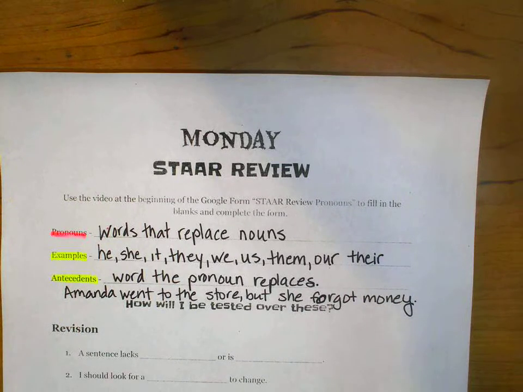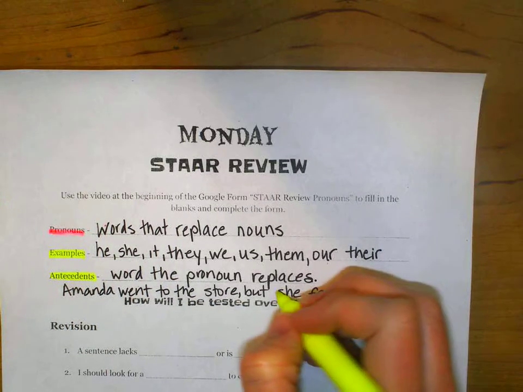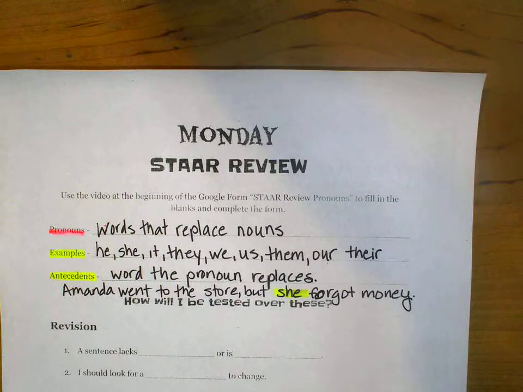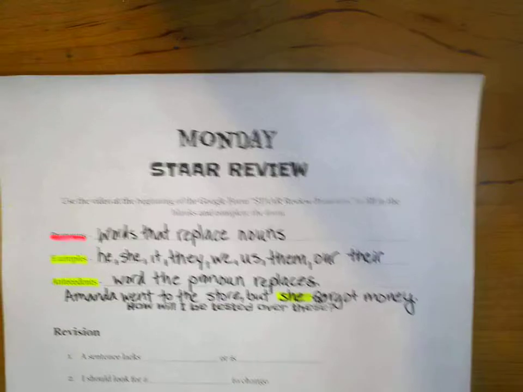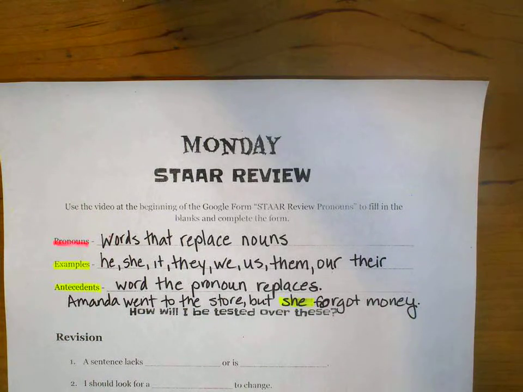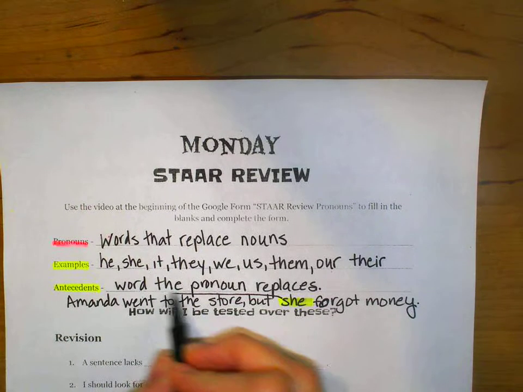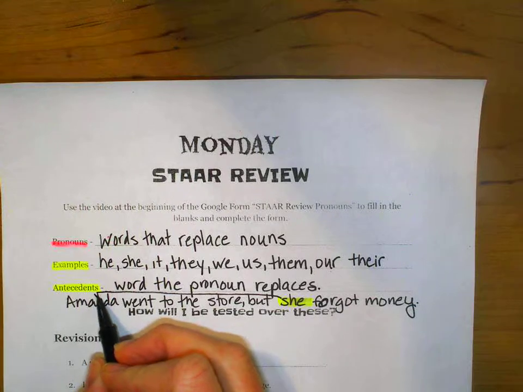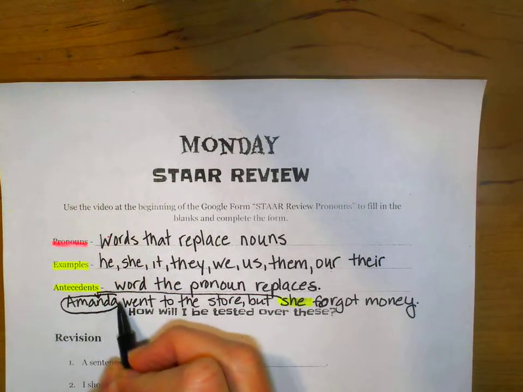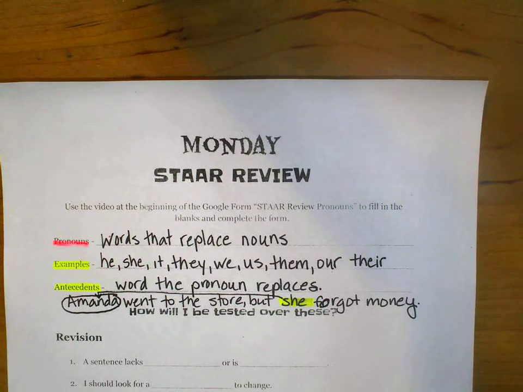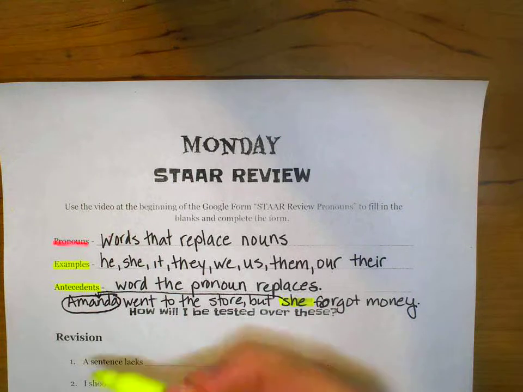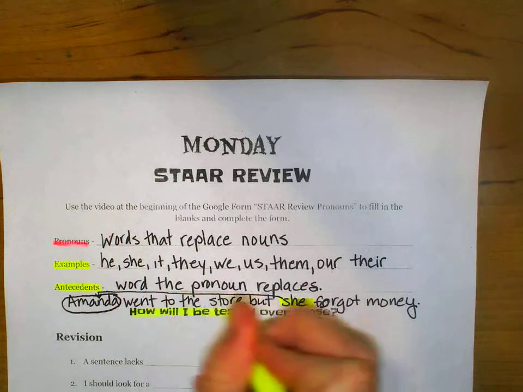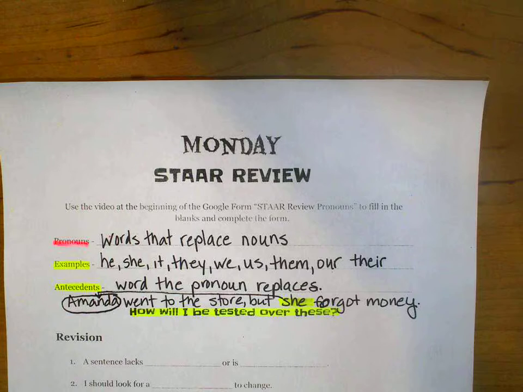But she forgot money. So find the pronoun. It's she. And now the antecedent is the word that pronoun has replaced. So who is Amanda? So she is the pronoun, Amanda is the antecedent. Okay, so now the question to ask is, how will I be tested over these?